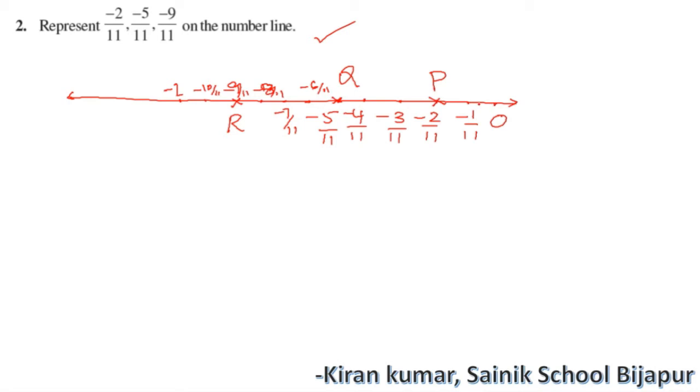The distance between the consecutive divisions here are to be same. Preferably, if you take the distance as 1 centimeter, you require 11 centimeter line on which 11 parts are made, and the ends are represented with 0 and negative 1.